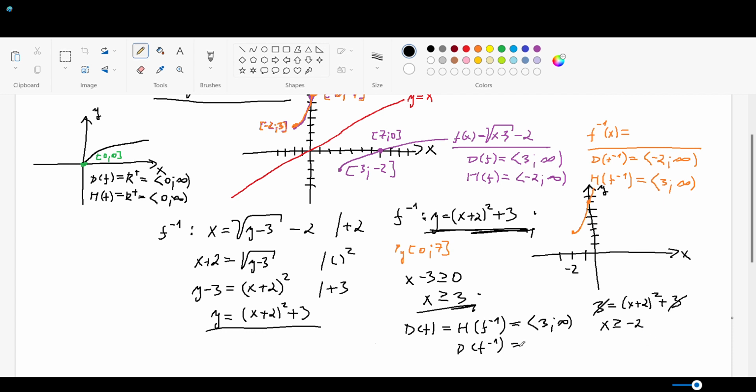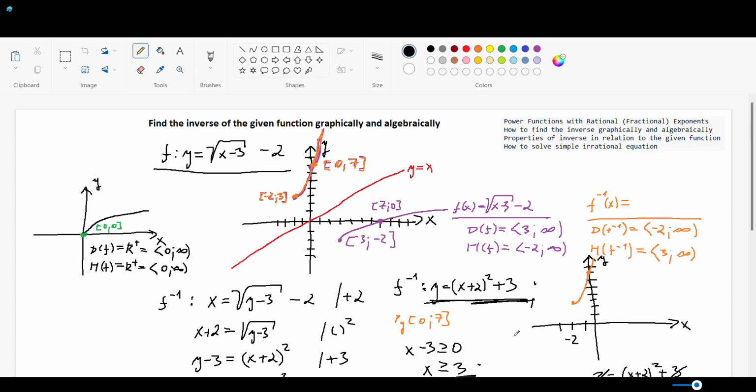So our domain is from negative 2 to infinity. Okay, so I think that's all for now, and I think all the information was given.